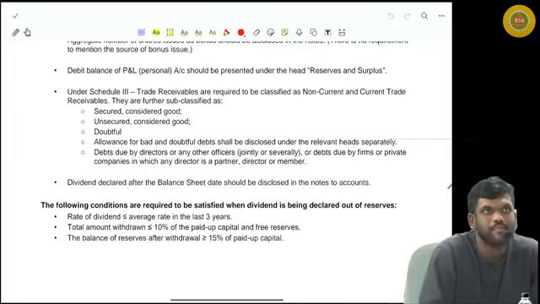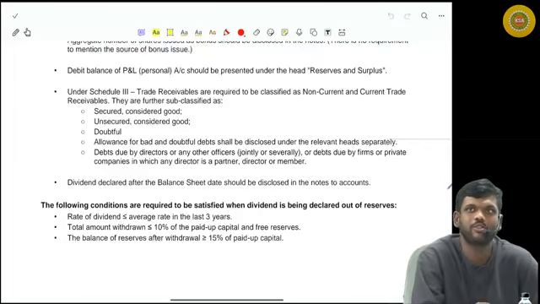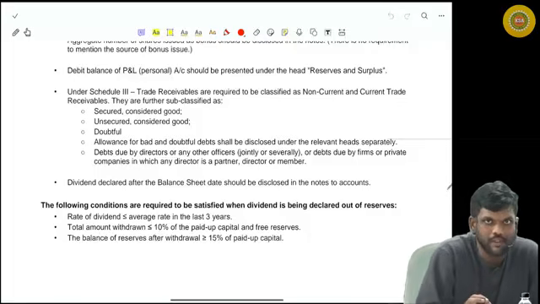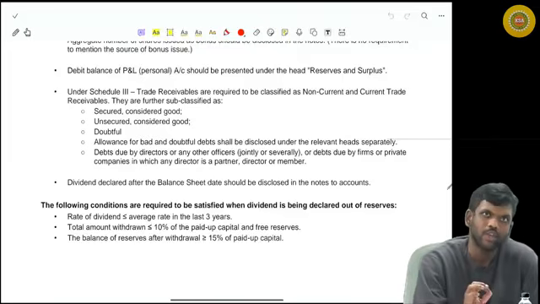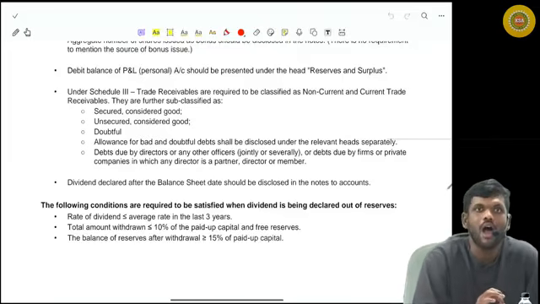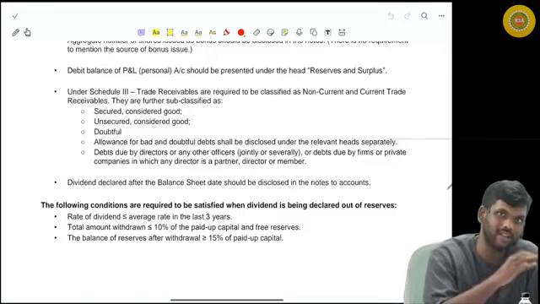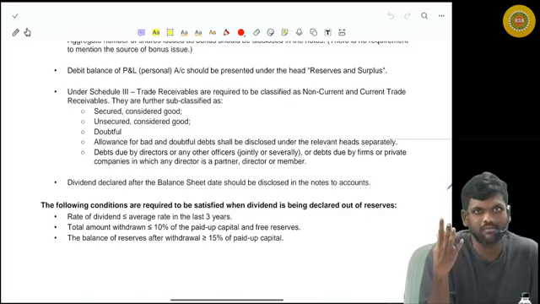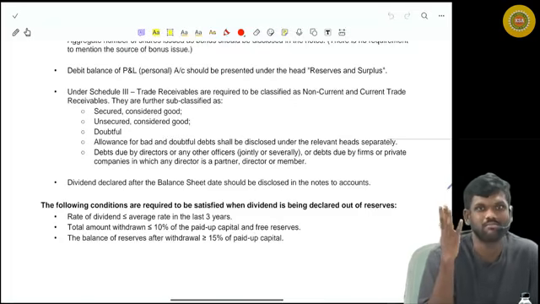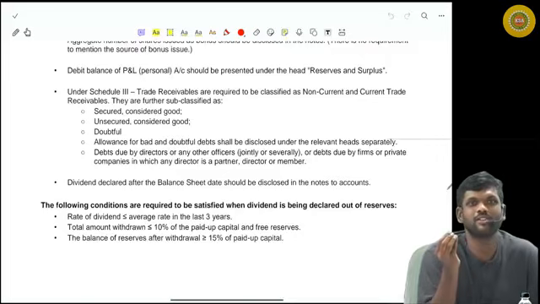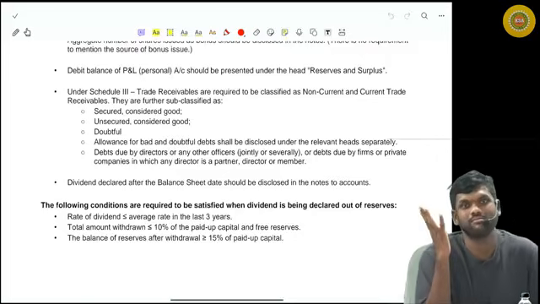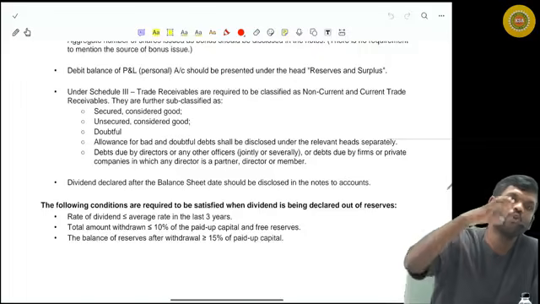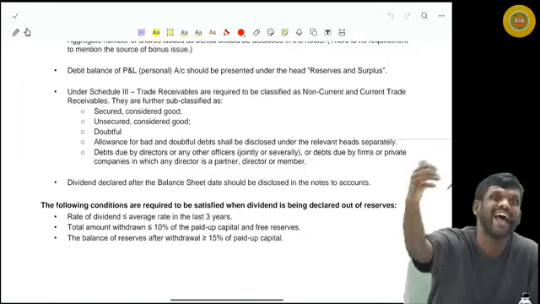See, actually you would have learned this in your Companies Act dividend chapter also. Whenever your current year profits are not sufficient, or in other words, whenever your current year profits are inadequate to distribute dividend, then you will go and take from the past accumulated profits and give dividend.